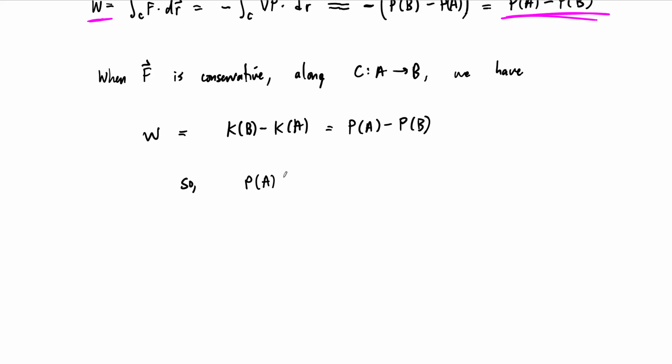P of A plus K of A is equal to P of B plus K of B. All right, and so this says that the sum of the potential and kinetic energy at point A is the same as the sum of the potential energy and kinetic energy at point B. And so in other words, no energy is lost. And that's exactly what the law of conservation of energy says. Okay, and so this is a calculus proof, or a calculus derivation, you could argue, of the law of conservation of energy.